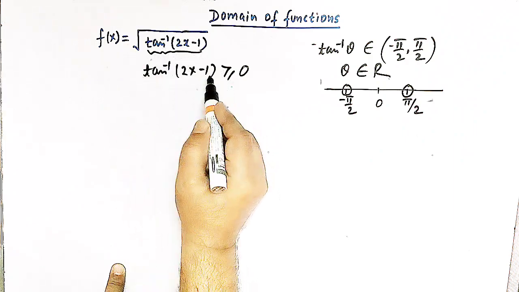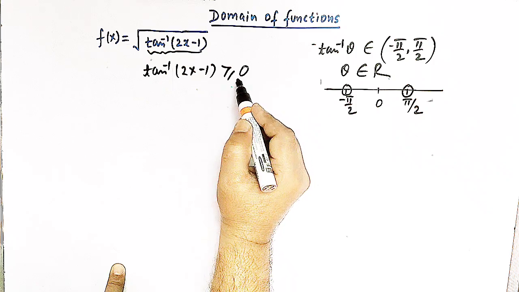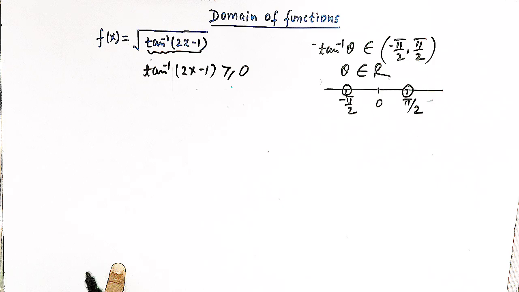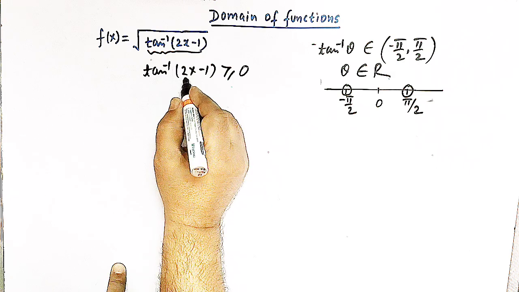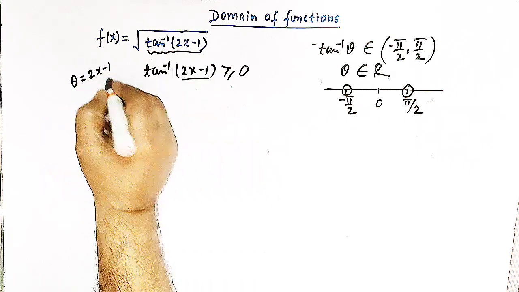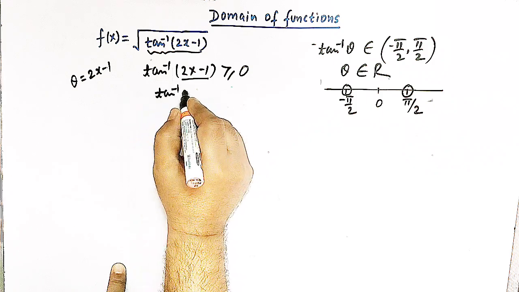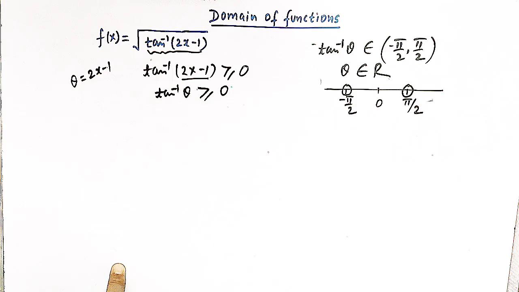So this is the first condition. Here we can take theta equal to 2x minus 1, so tan inverse theta should be greater than or equal to 0.